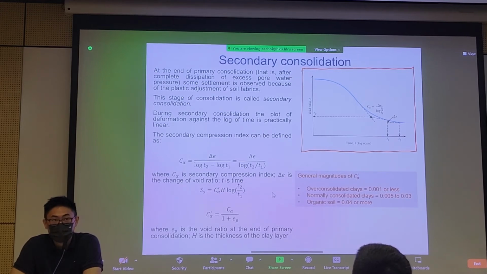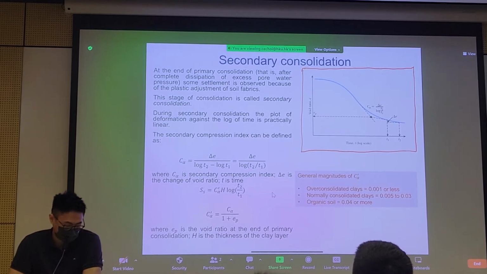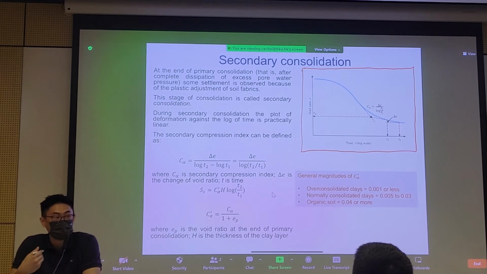We keep on leaving the odometer test there. We have a constant load and we keep on measuring the dial gauge to see if there's compression. And hopefully this process can be characterized using a single slope, right? It's hoping that it's quite linear. Of course, this is an idealization. So the secondary compression index, we talked about primary consolidation index, Cc.